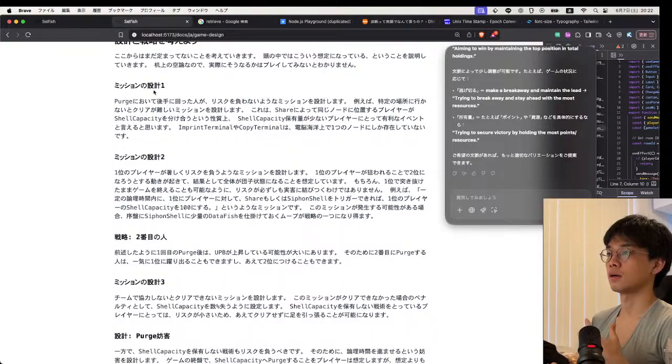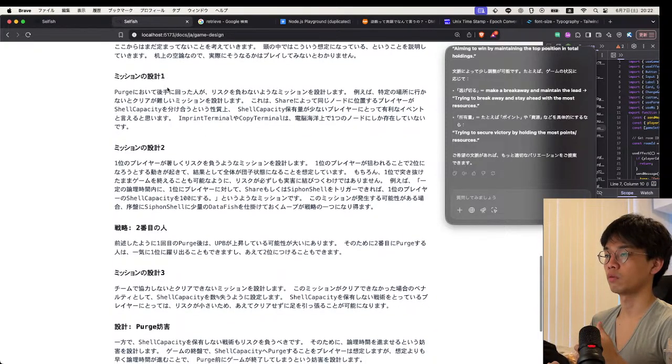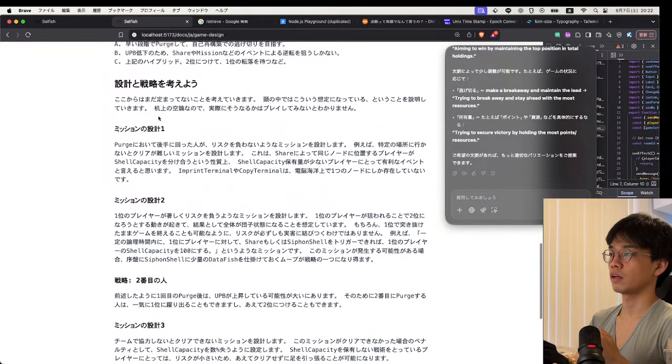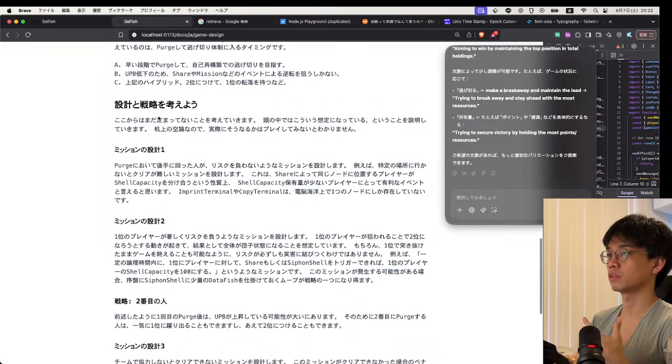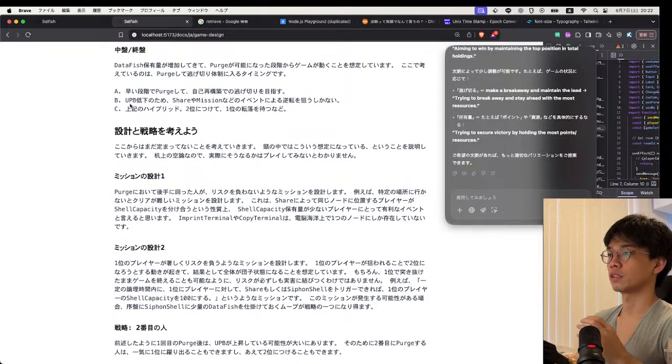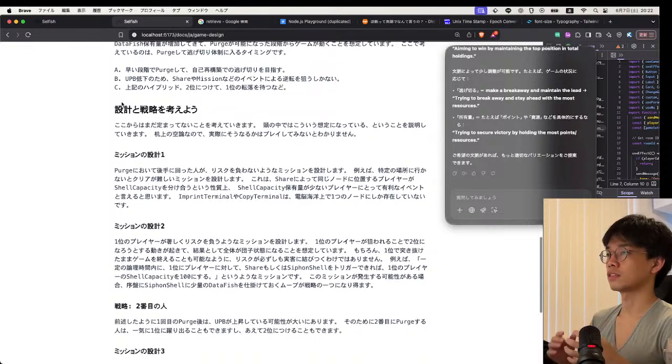So this is mission design 1. I want to design the mission so that the B pattern player doesn't have the risk.